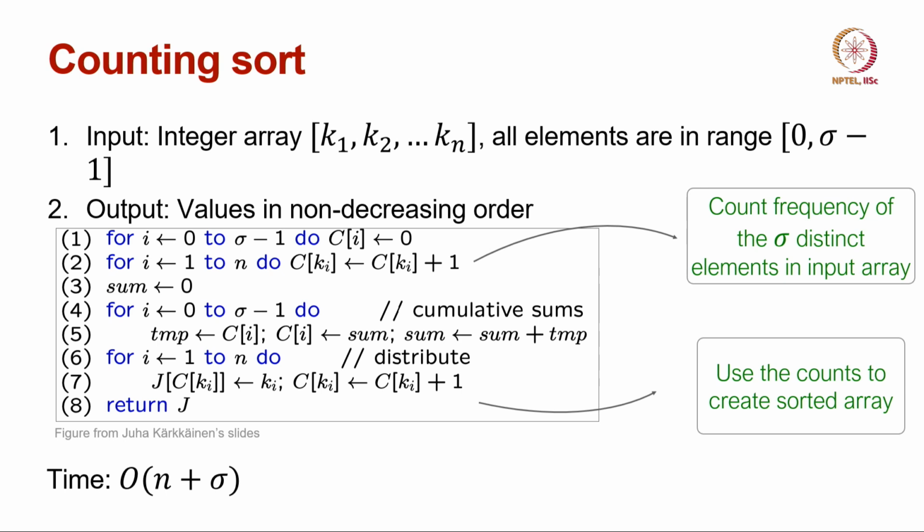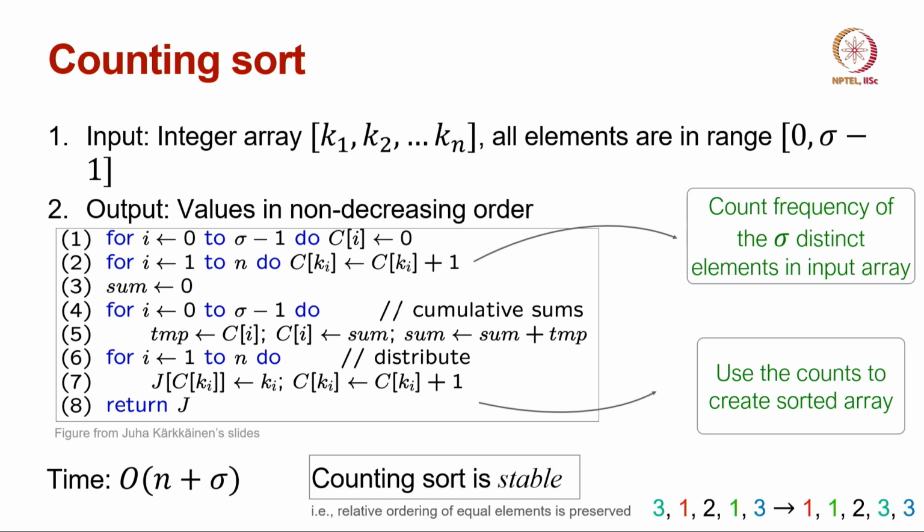Given this algorithm, we are going to use it iteratively in the radix sort algorithm. One important property of this algorithm is that counting sort is stable. That is, if you have two elements of equal value, then their relative ordering in the sorted array is going to be the same.